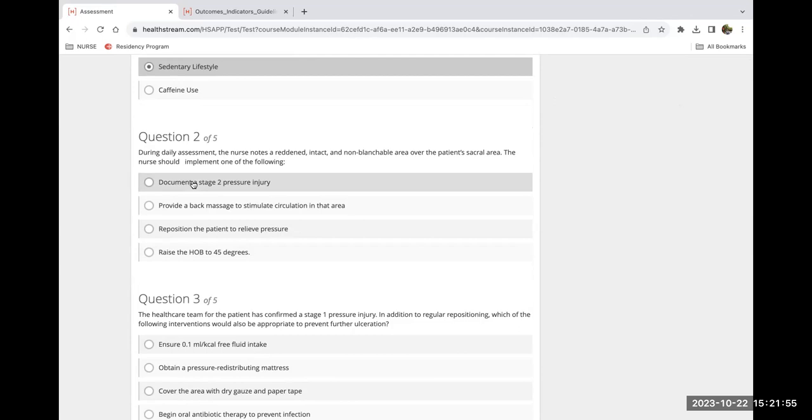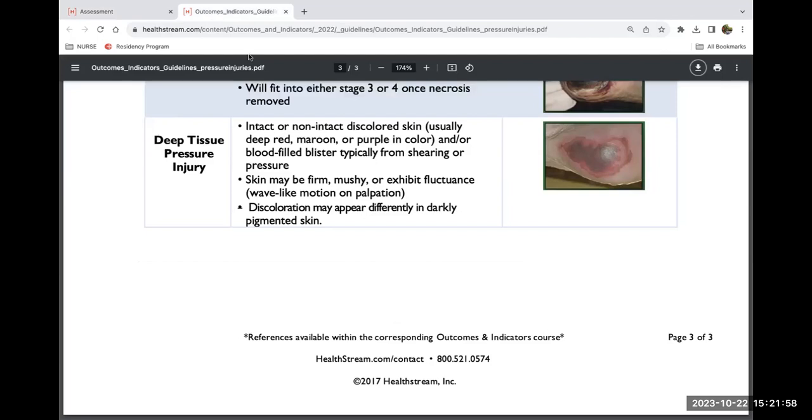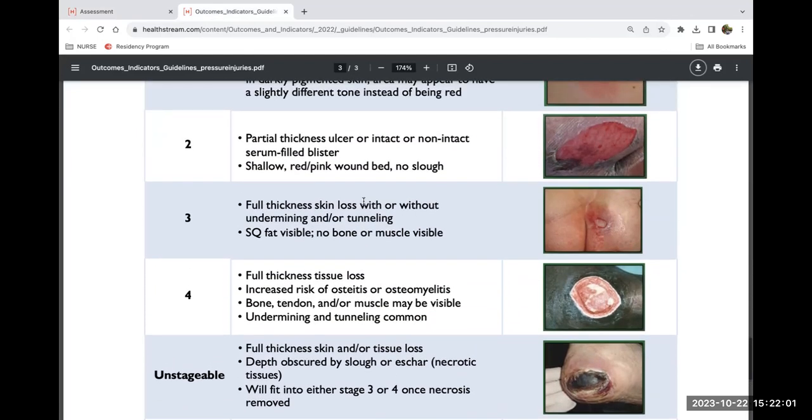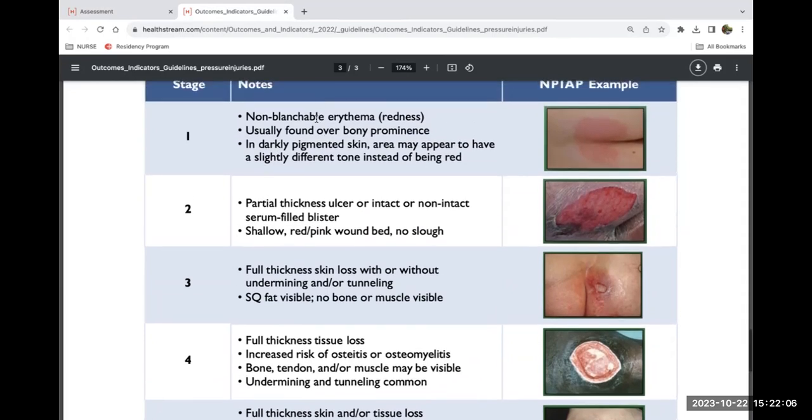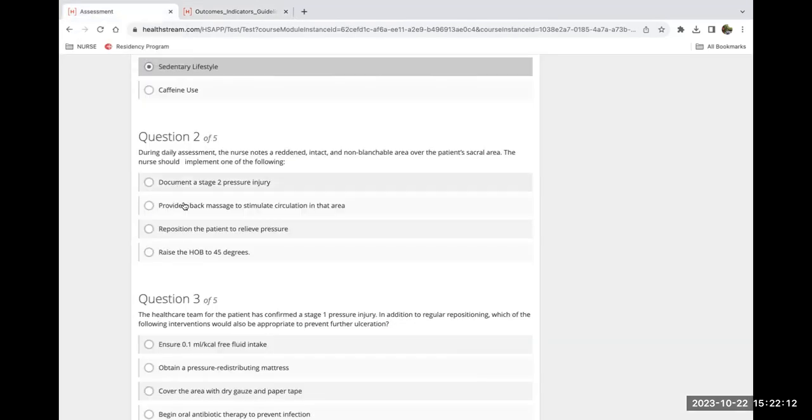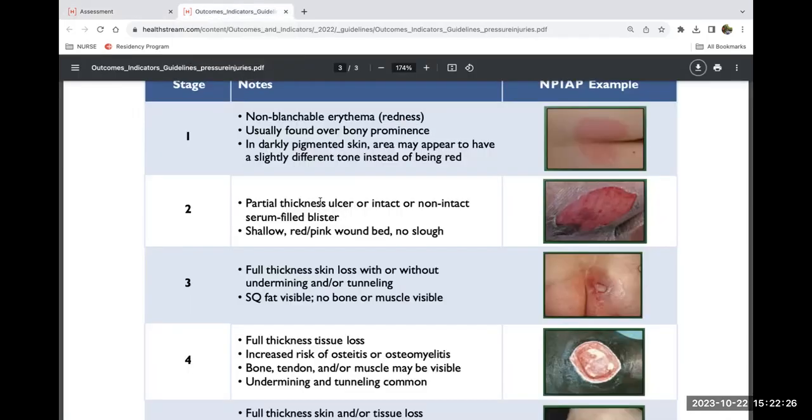Reddened, intact, non-blanchable, over a bony prominence. A serum filled blister is stage 2.